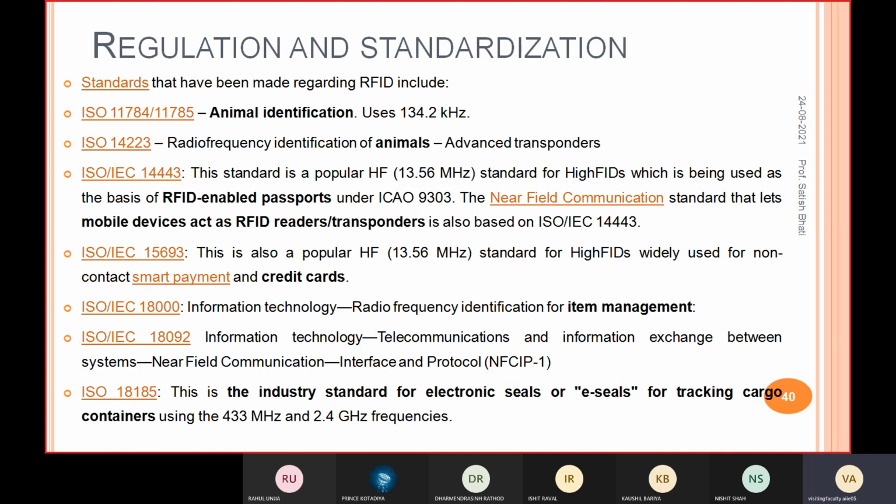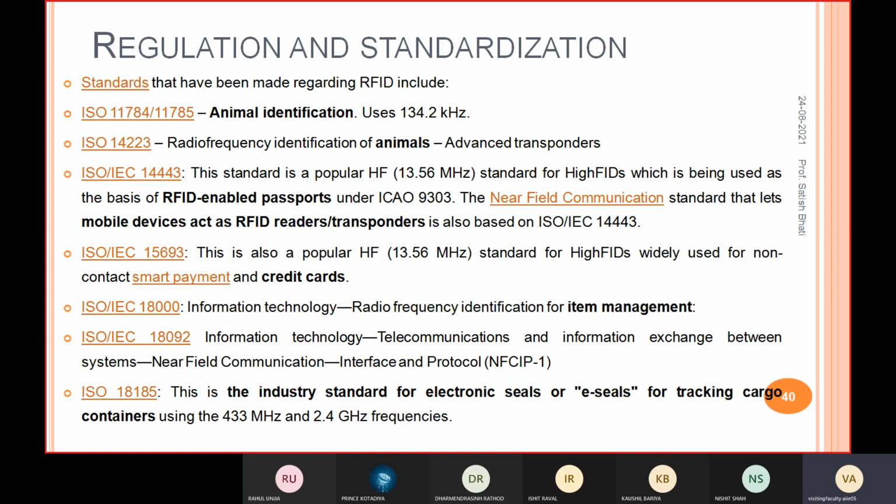Then, in RFID-enabled passports, some countries are using RFID in passports. For that they are using a frequency of 13.56 megahertz, which is from the high frequency band.